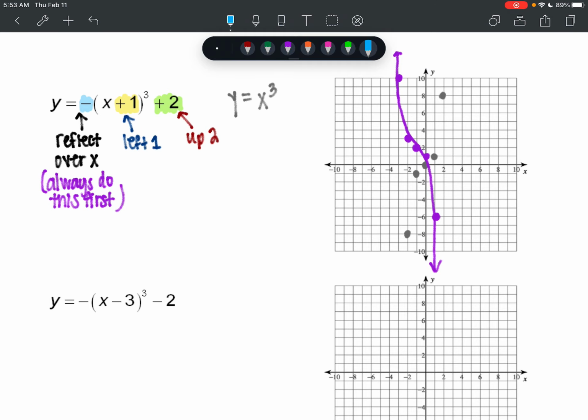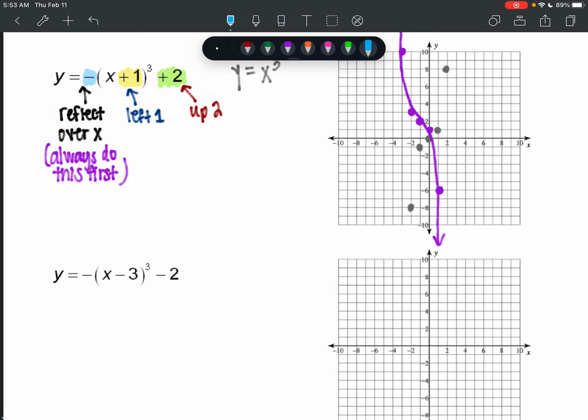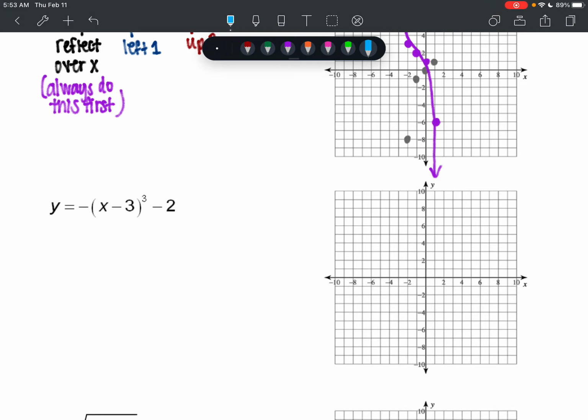Okay, now you should be ready. If you did not do that one as a try and get it right, you should feel really good about doing this now that you've seen it. So go ahead and try that, and then come back just for the answer. Okay, welcome back.